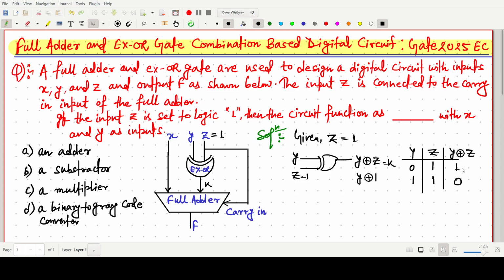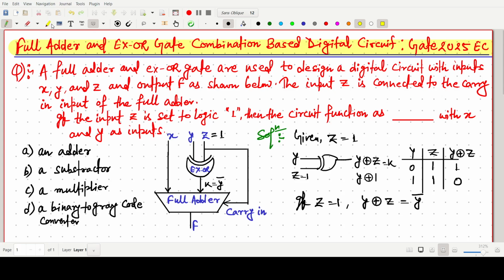So we can say Y XOR Z is nothing but simply Y bar when Z equals 1. So k will be nothing but simply Y complement.